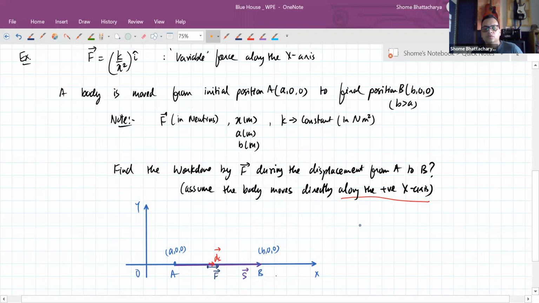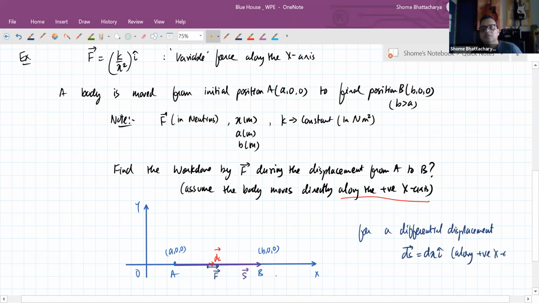Okay. So for a differential displacement, differential means what? Very small. ds equal to dx i cap, we can write, along the positive x-axis. The work done is f dot ds.